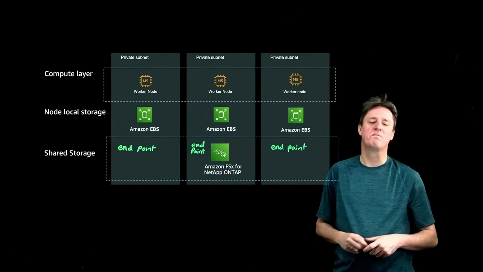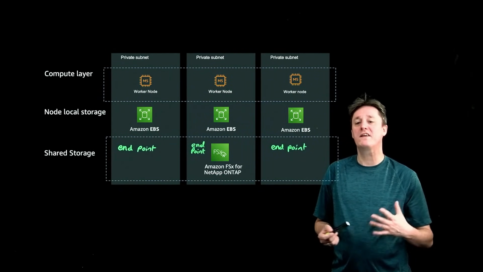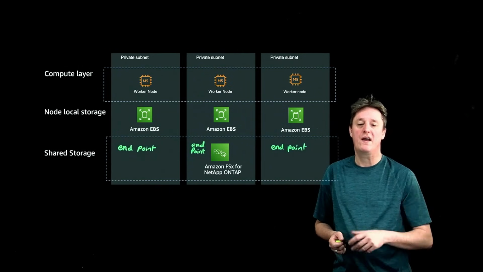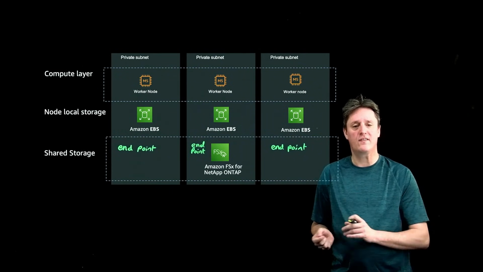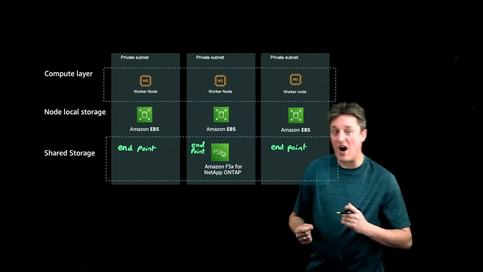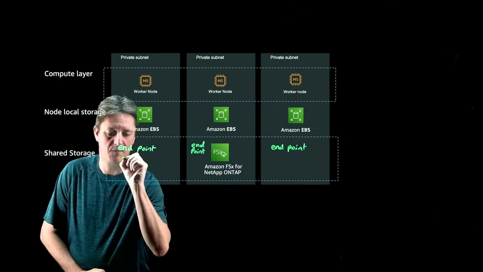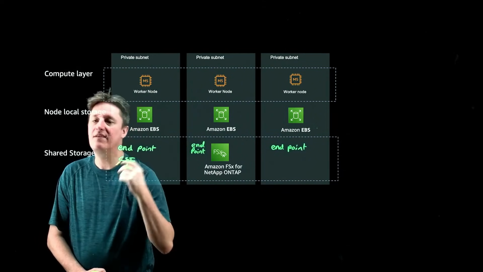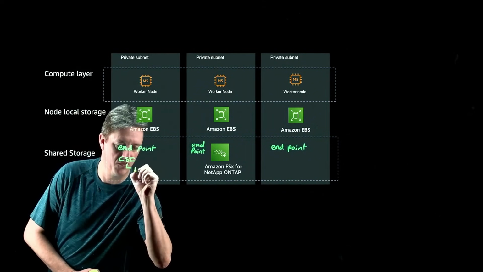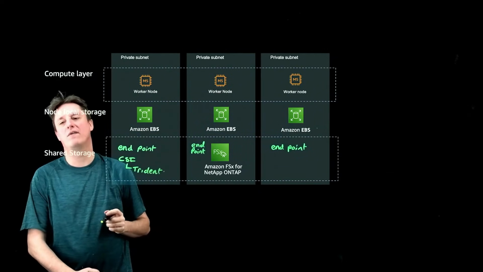From an OpenShift standpoint, how we stitch OpenShift to FSx is we've created a CSI driver as well as a Trident driver. So inside my OpenShift cluster, I'm deploying a CSI driver, and then that CSI driver wraps around the Trident driver.